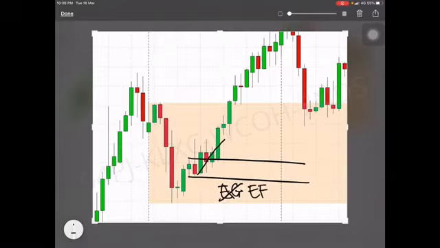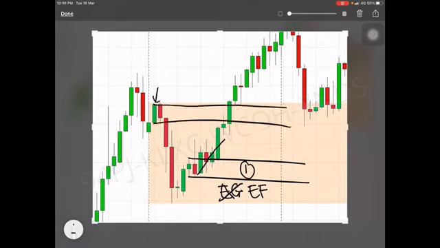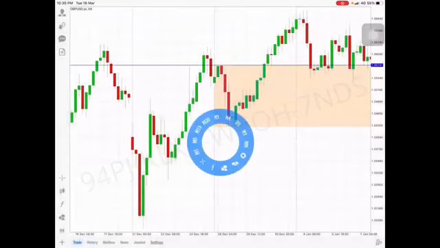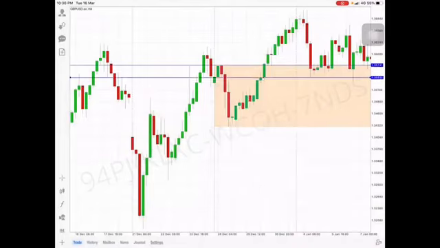So this zone is for buy. So you have one zone right here, and you have another EF right here. Engulfing sell, but the price broke upward, so it has become EF. Now the zone is for buy. So we are going to mark those two zones, this zone and this zone right here.